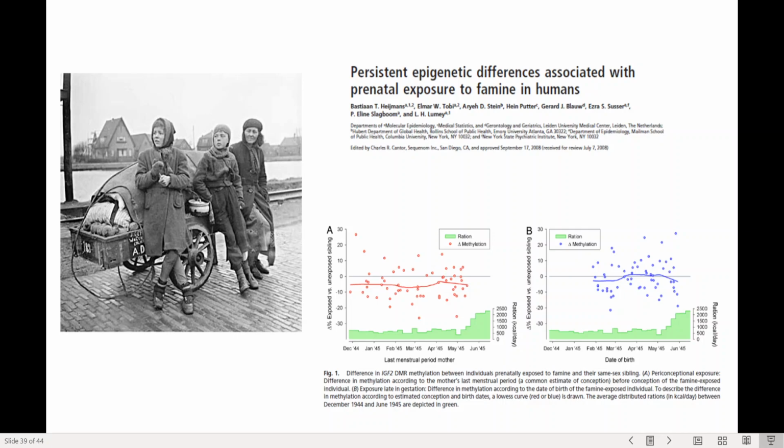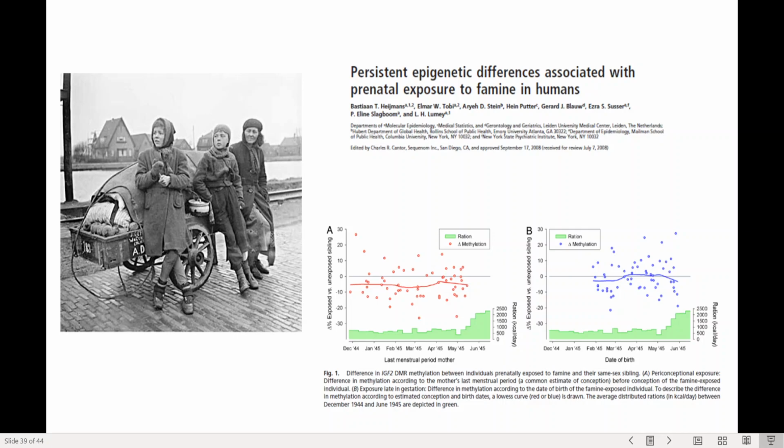We briefly mentioned some of the early studies where, for example, human-generated actions like war, so the classic hunger winter studies in Holland, tracking the children born just after the Dutch hunger winter in World War II. And what they looked at was the rates of methylation on a specific gene that is related to the insulin growth factor.